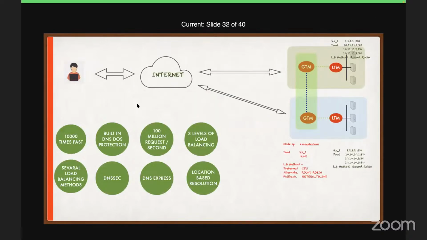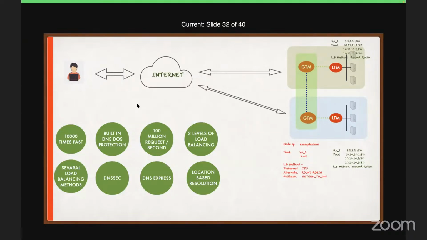CPU is... both these GTMs are logically connected to the 2 LTMs, and they are monitoring everything on these LTMs. How many servers are up? What is their CPU? What is their memory? How many connections do they have?